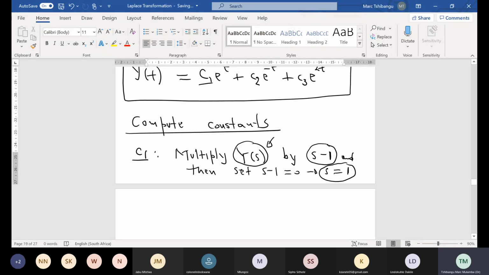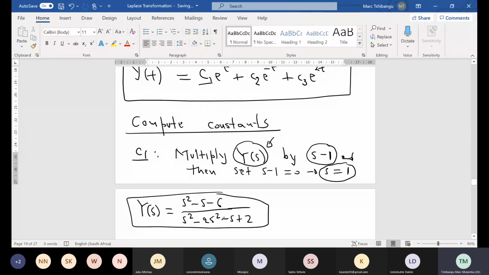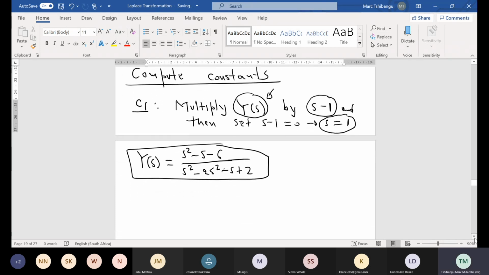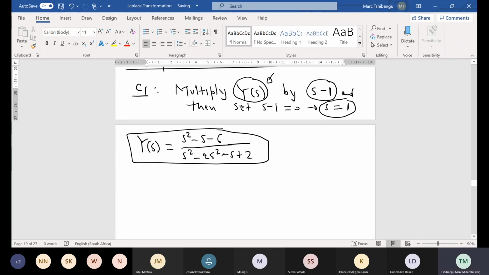We know that it's been given to us as Y of s is equal to s squared minus s minus 6 over s cubed minus 2s squared minus s plus 2. This is what was given to us, but I'm going to use the expression after factorizing the denominator.